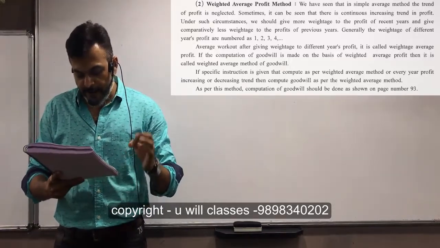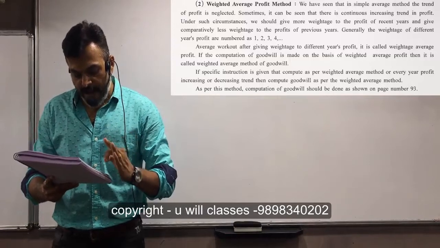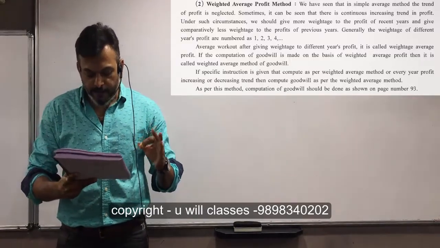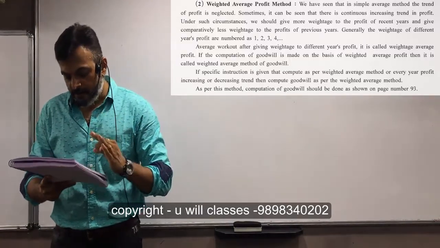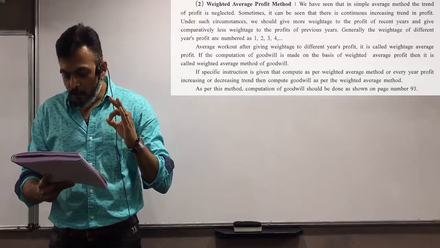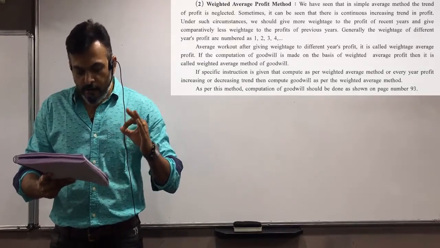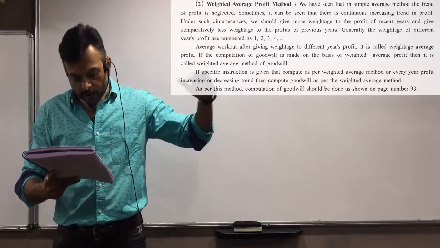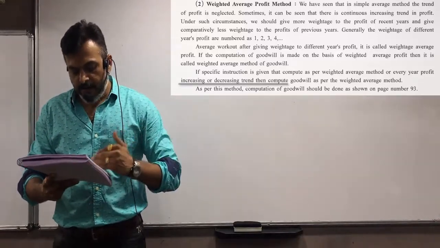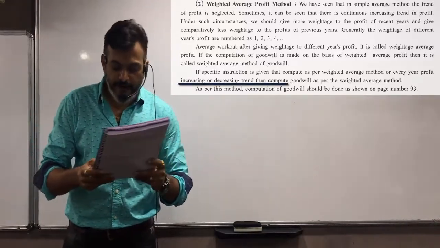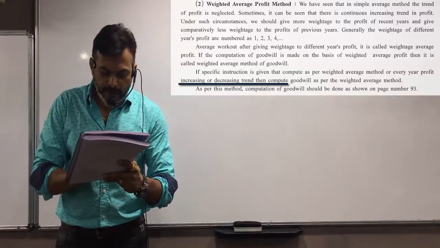If specific instruction is given that compute as per weighted average method or every year profit increasing or decreasing trend, then compute goodwill as per weighted average method. Please mark this.